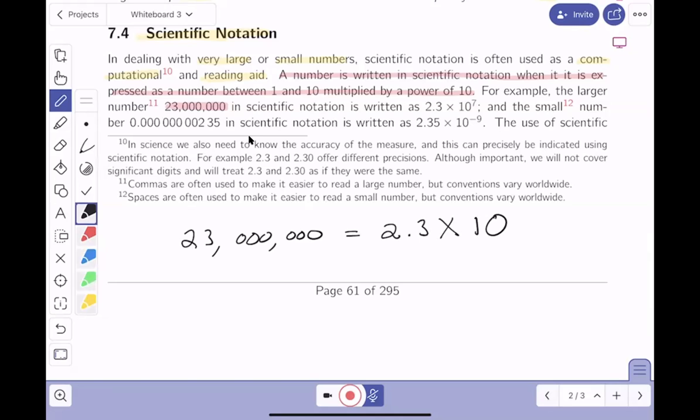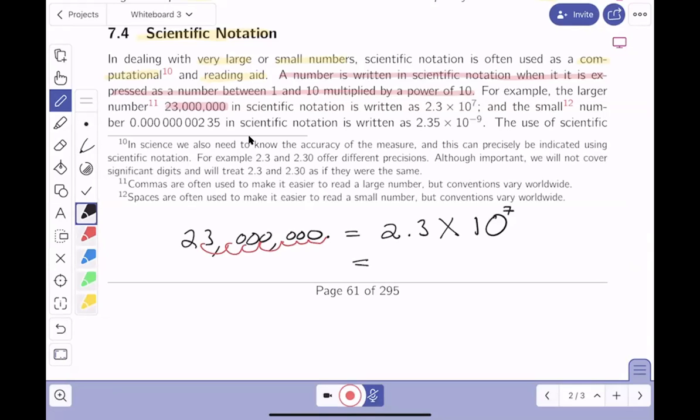Well, 2.3 times 10 is 23. So what I want to claim over here, if I'm doing that, I really need to count places now. And I don't like counting either. Let's do it. 1, 2, 3, 4, 5, 6, 7. So it's going to be 10 to the 7th.